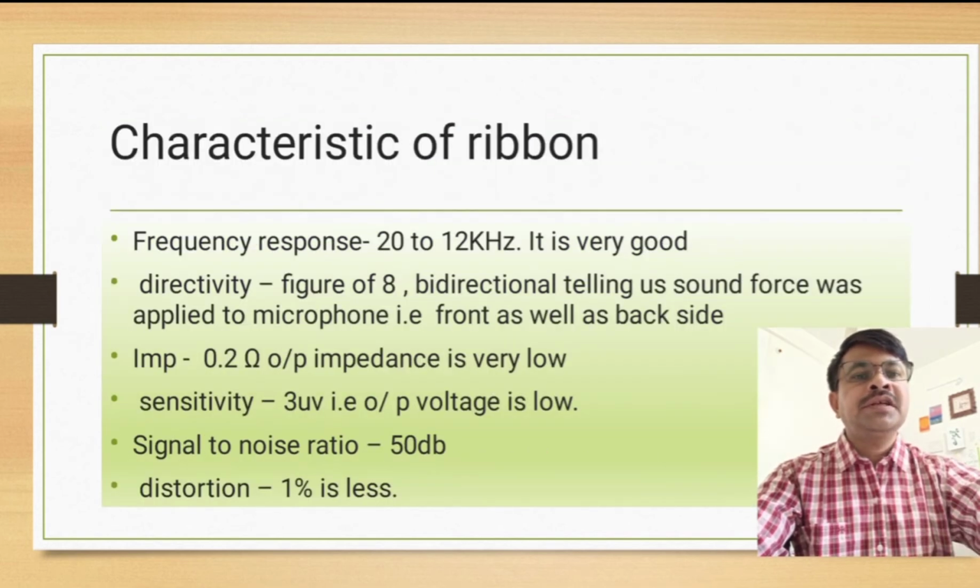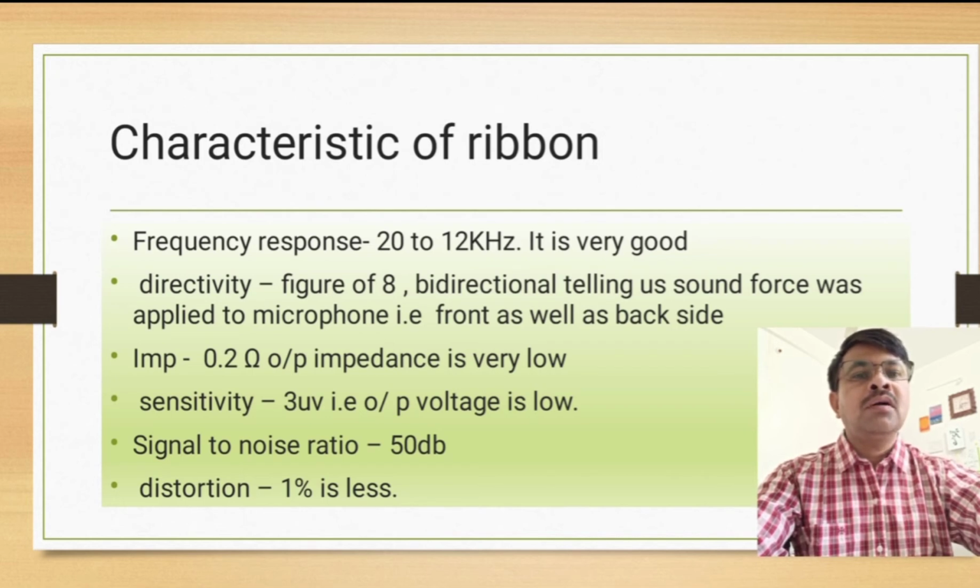Now next are the important characteristics of the ribbon microphone. First is frequency response. It is 20 Hz to 12 kilohertz and it is very good for the audio frequency range. Directivity.